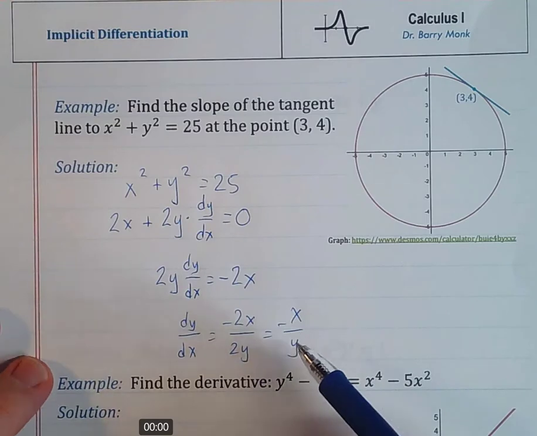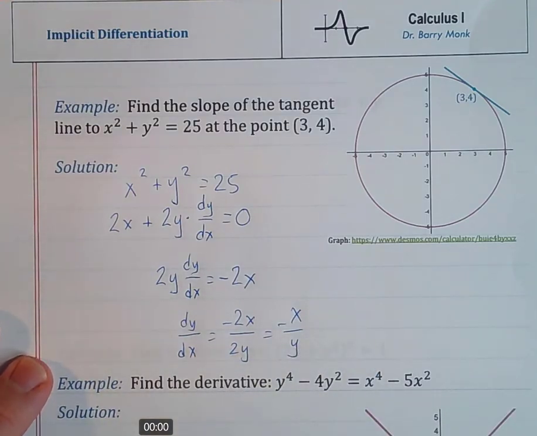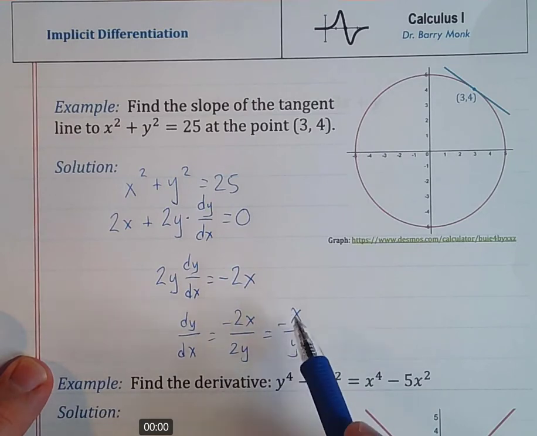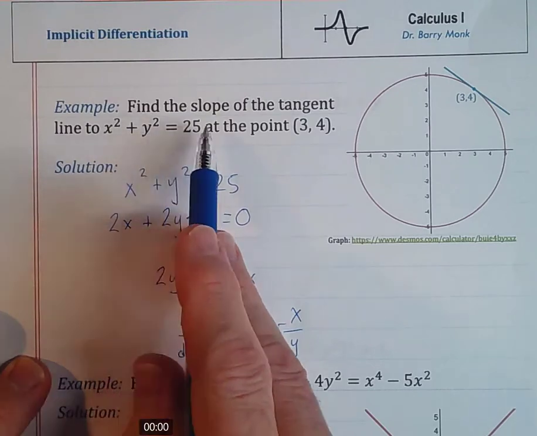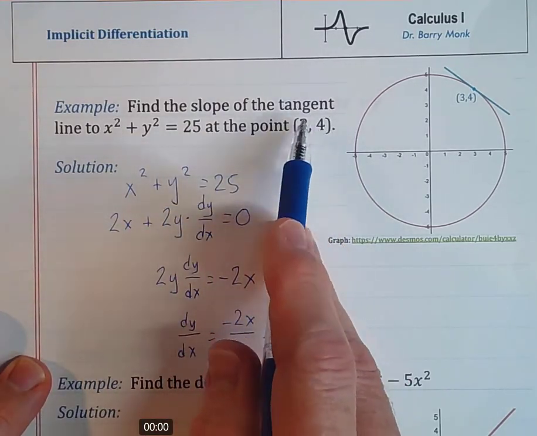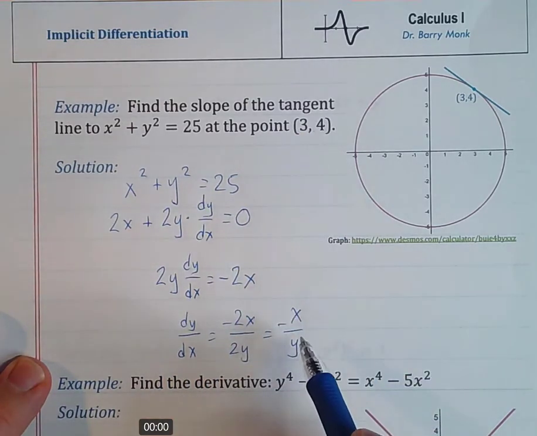Notice how it's a little different than the explicit functions that we've been doing before, when we used the product rule and the quotient rule and the chain rule and all those things that we did before this lesson. The difference here is that we've got a formula that involves y. Now it's not always going to do that, but oftentimes it will. And so I wanted to do this at the point 3, 4. I need to know what my x and y values are in order to find that derivative.